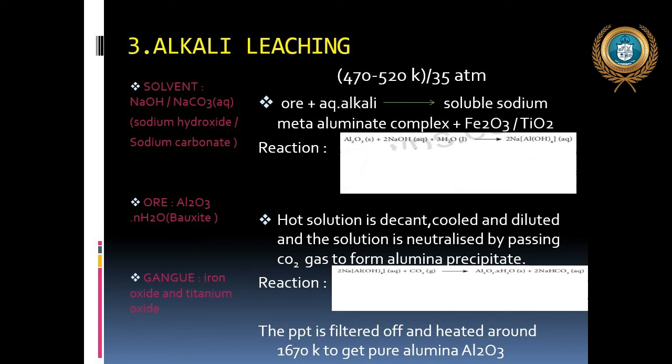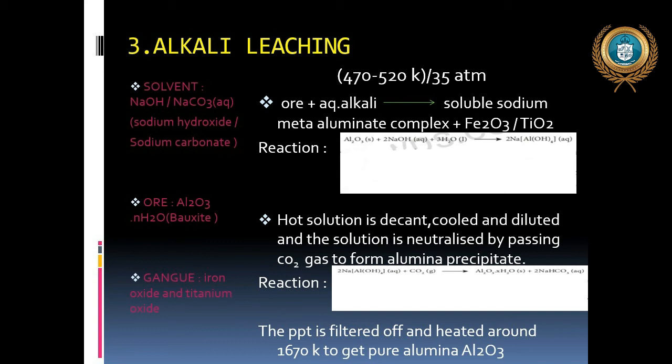Decant means we are separating the soluble complex, and that we have to cool, then dilute the solution and neutralize it by passing carbon dioxide gas to form the alumina precipitate. Then this precipitate is filtered off, then heated around 1670 Kelvin to get the pure alumina, Al2O3. So this is the process of alkali leaching.